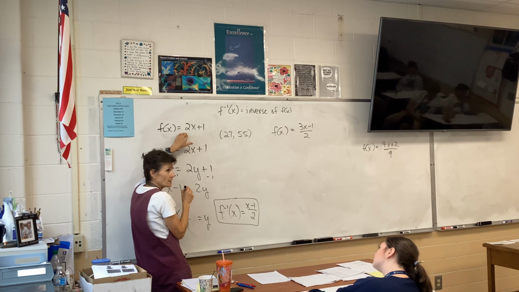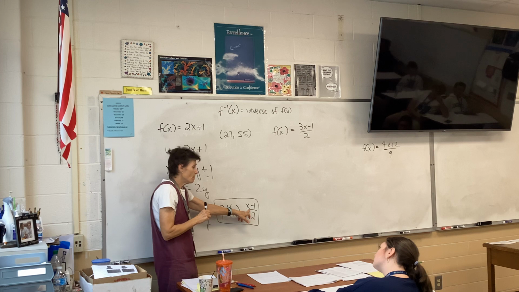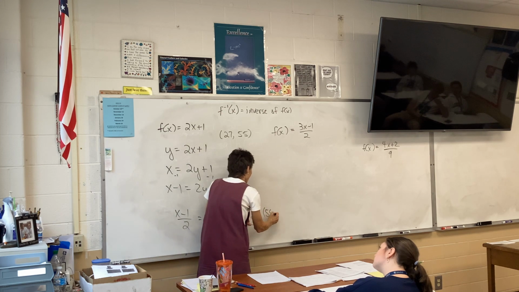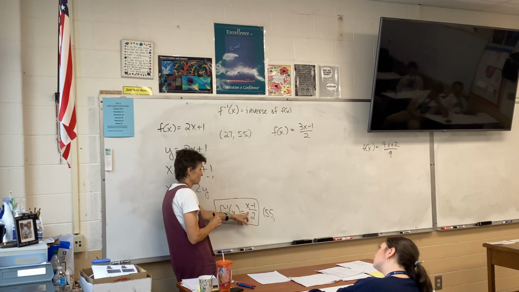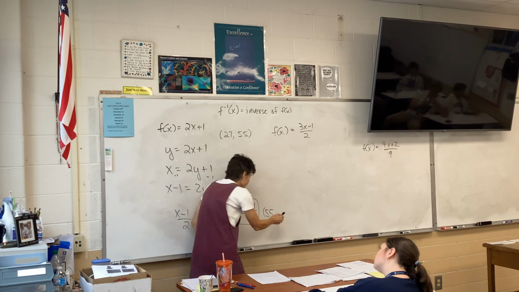Now, come down here to this problem. Put 55 in there. If we put 55 in for that x, what's 55 minus 1? 54 divided by 2 is 27.